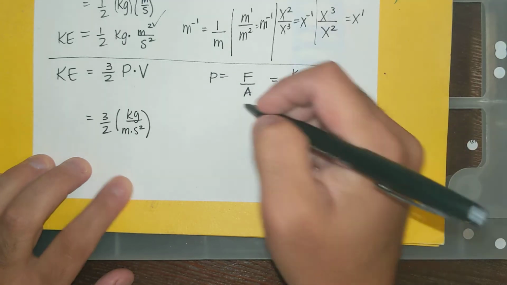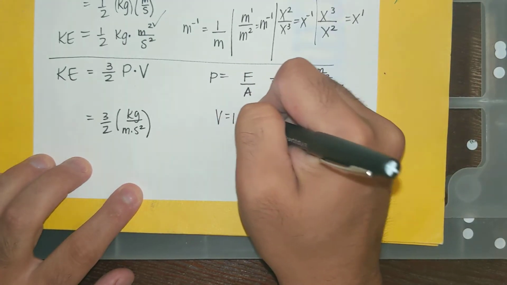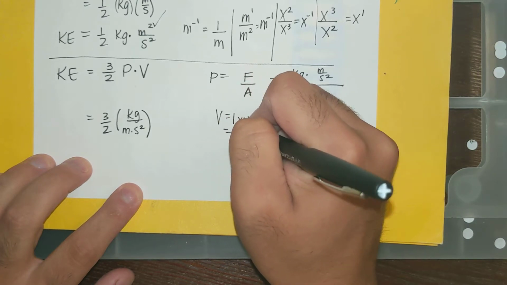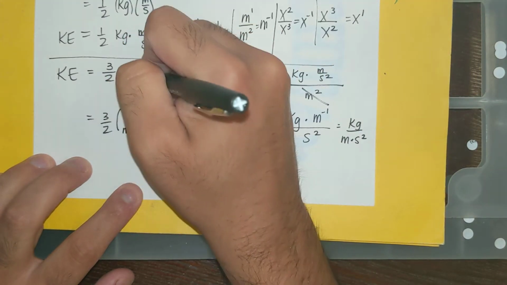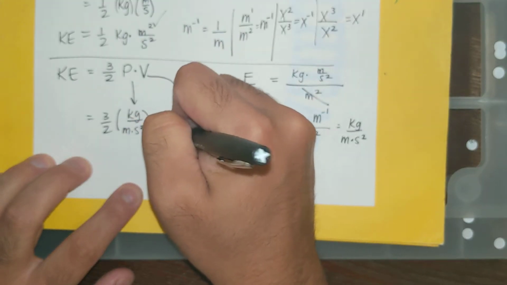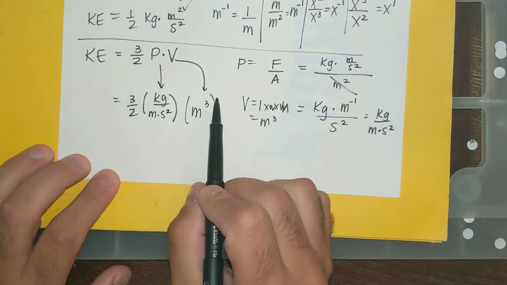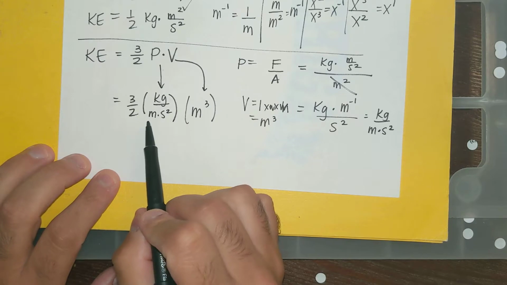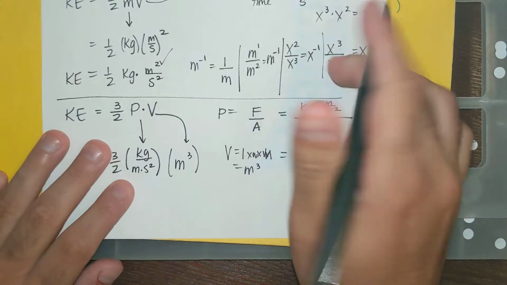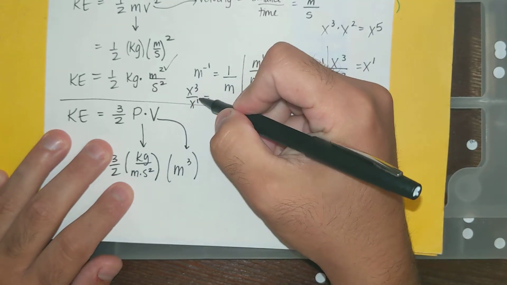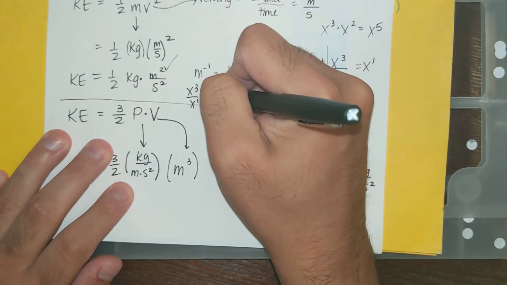Now my volume is length times width times height, which could be a meter cubed. So I have meter cubed on the top here, and I have meter on the bottom. That's like x cubed over x, which is x squared.